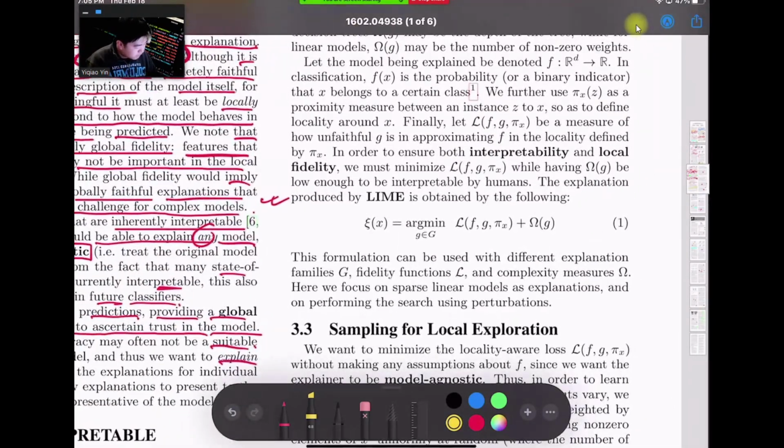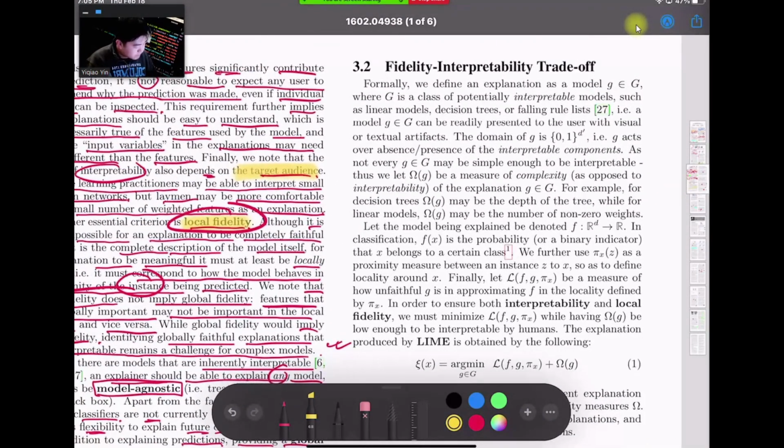Here, this algorithm starts with some sort of a model G, right? Neural network, random forest, whatever. There's going to be a model G, and it could be potentially interpretable, but it doesn't have to be. And here there's some sort of a domain, which is defined over 0, 1 in dimension d prime.